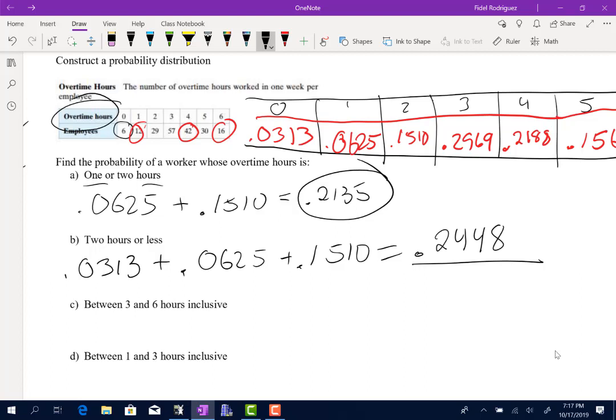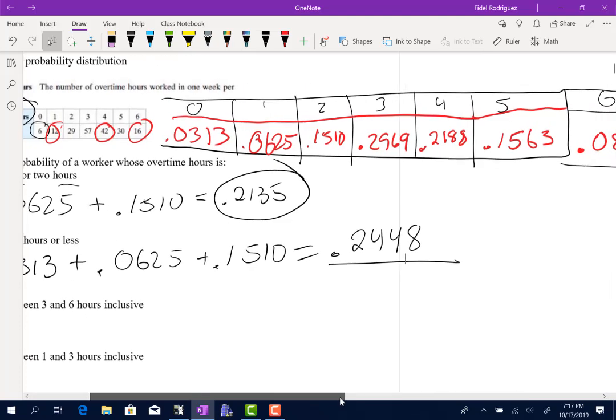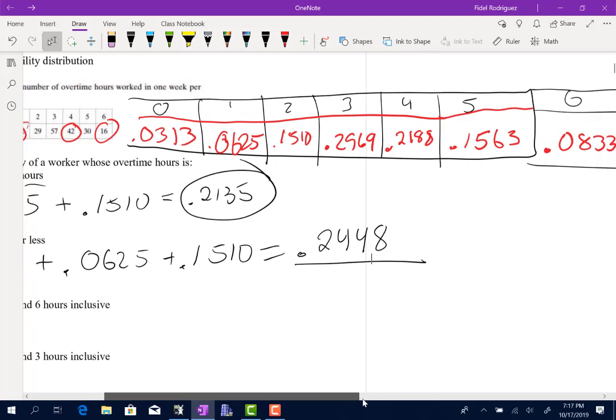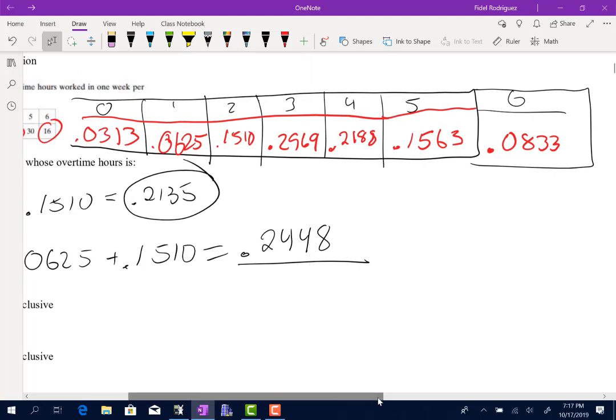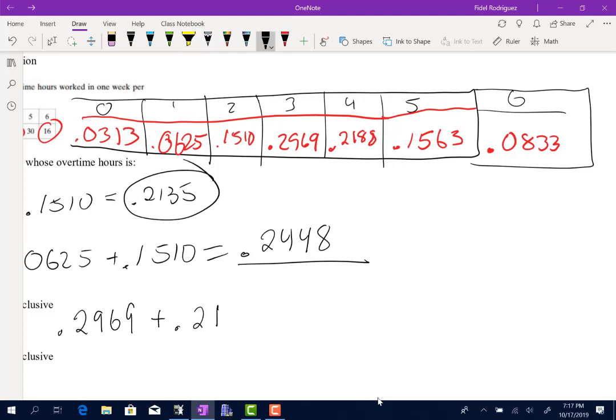Alrighty. Guys, look at part C, right? Part C says between 3 and 6 hours inclusive. So remember what the word inclusive means, right? Inclusive means we're going to include the numbers 3 and 6. So wouldn't we take 0.2969 plus 0.2188 plus 0.1563 and then finally 0.0833, and we would add those numbers up, okay?